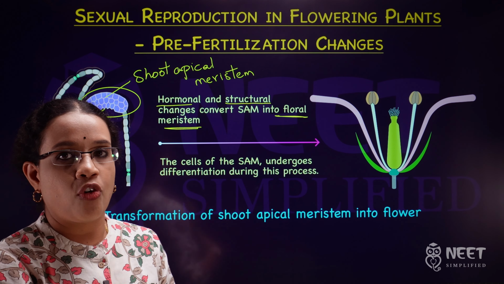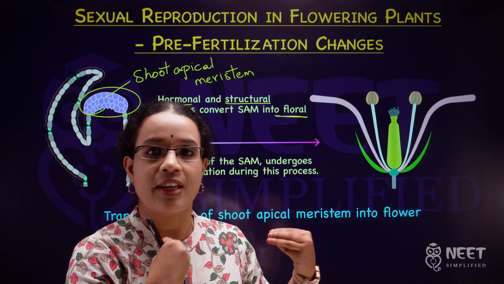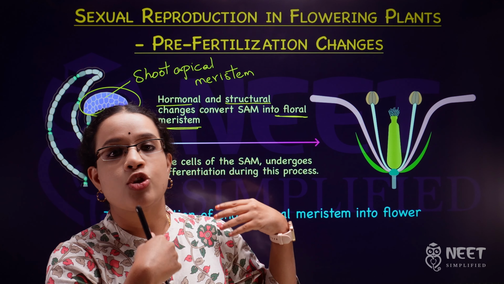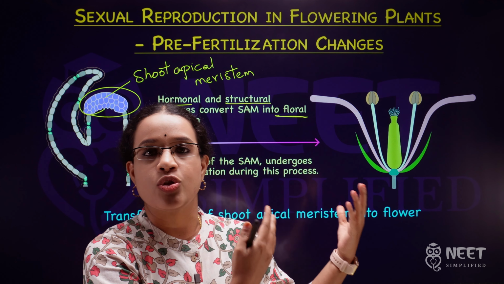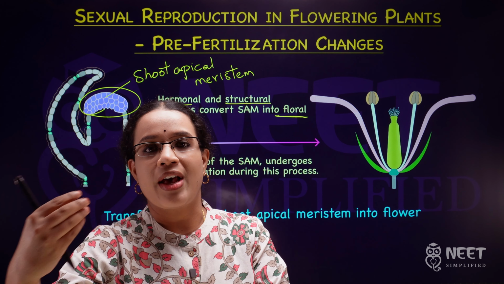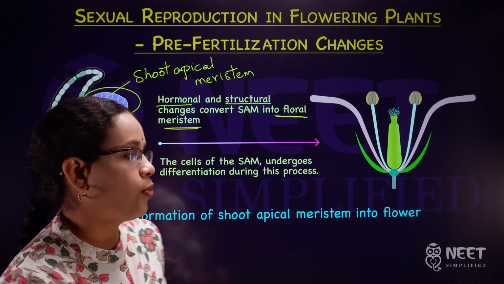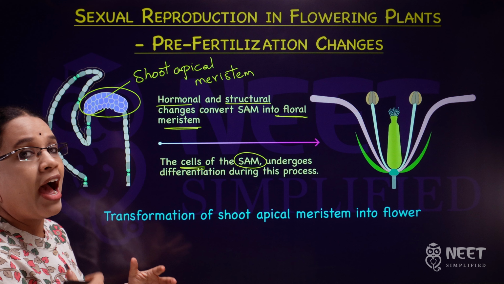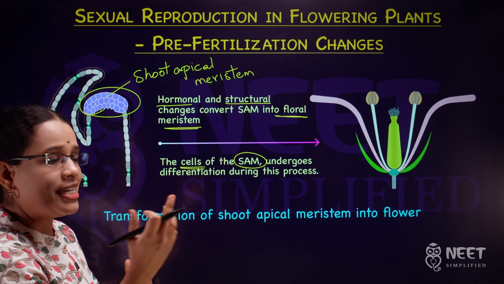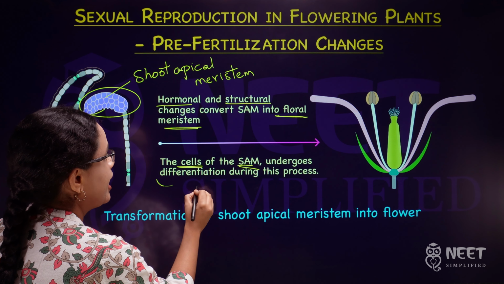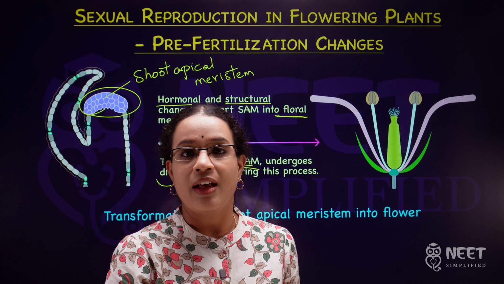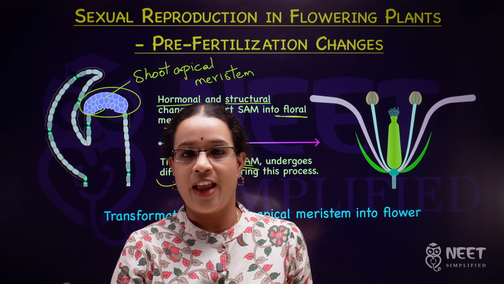So instead of forming leaves in the reproductive phase, this shoot apical meristem gives rise to the flowers. Hence, the reproduction goes on. This process, where the cells of the shoot apical meristem form the flowers, is called differentiation, right? So this is the introduction of this entire chapter.